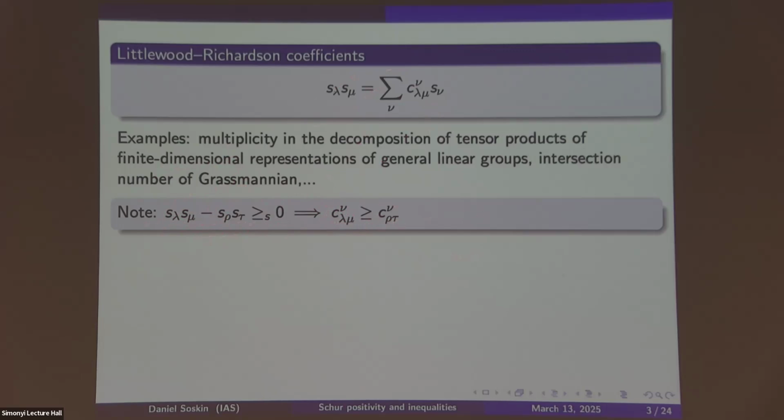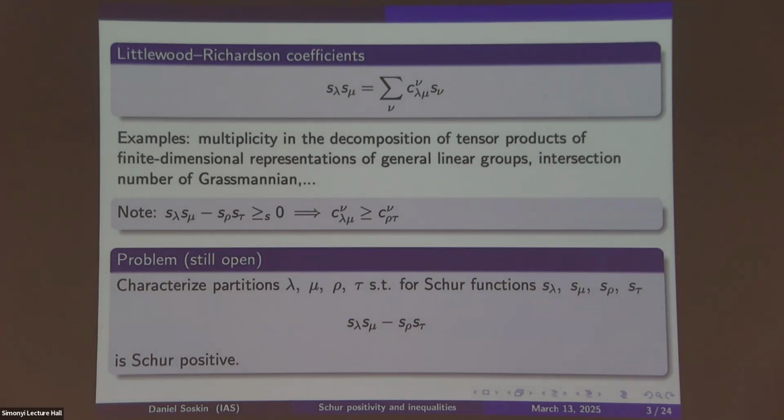So the coefficient of S_nu is essentially the difference of the two, right? Yes, that's equivalent, if for every nu. So we can ask in general such a problem: can we characterize four partitions such that the corresponding four Schur functions form such a non-negative polynomial in Schur functions? So we want just to describe all such inequalities.